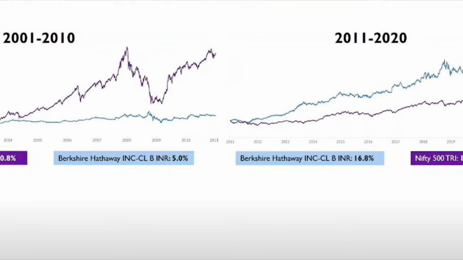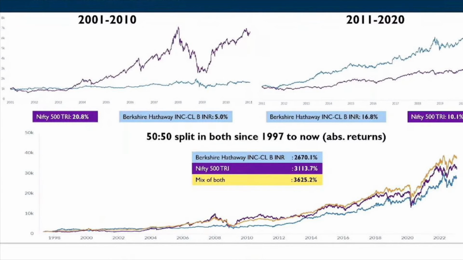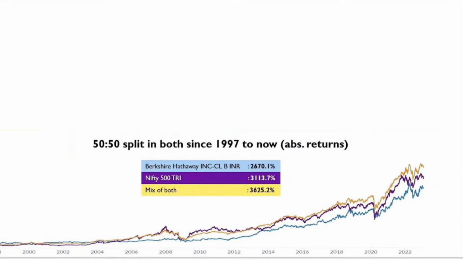Now, if you did a 50-50 investing in both these markets, you will see that the absolute return of the US market, represented by Berkshire Hathaway, is 2,670%, whereas that of the Nifty is 3,113%.